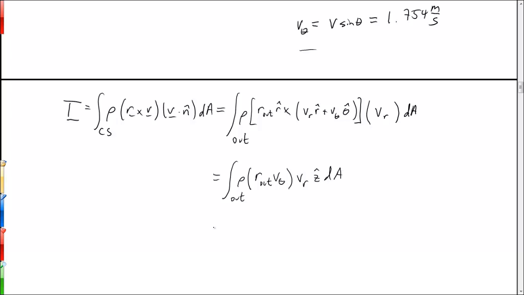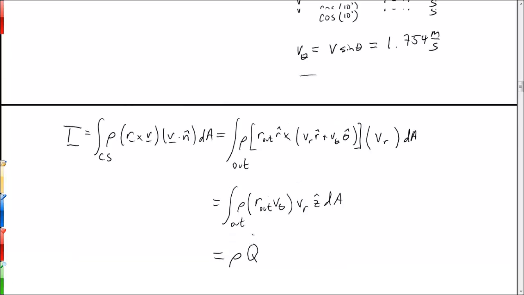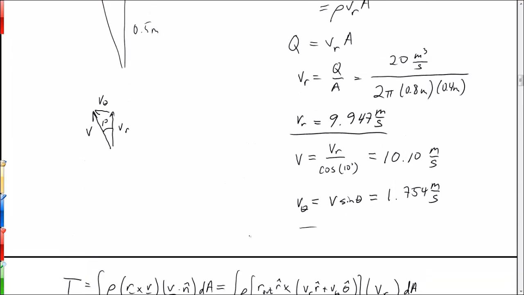But because we've assumed steady in the mean, when we do this integral, the rho carries through because it's constant. If we integrate VR over the outlet area, that's just going to give us Q, as we saw above, where VR was equal to Q divided by the area.